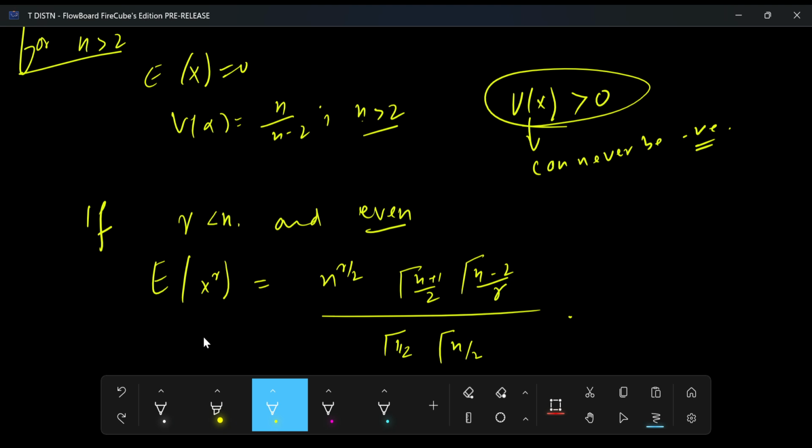This is when you have r less than n, and r is even. Then the expectation will be like this. So from this we can get the variance also.